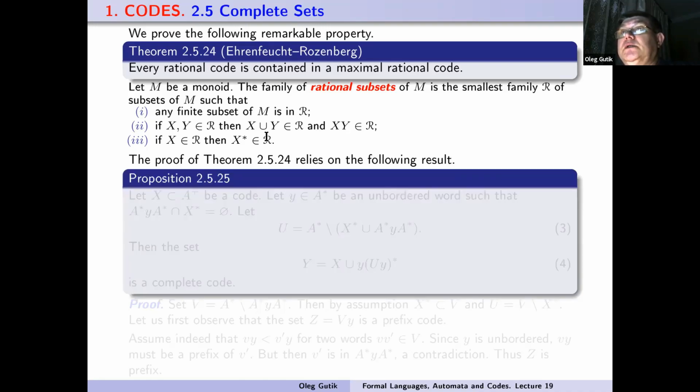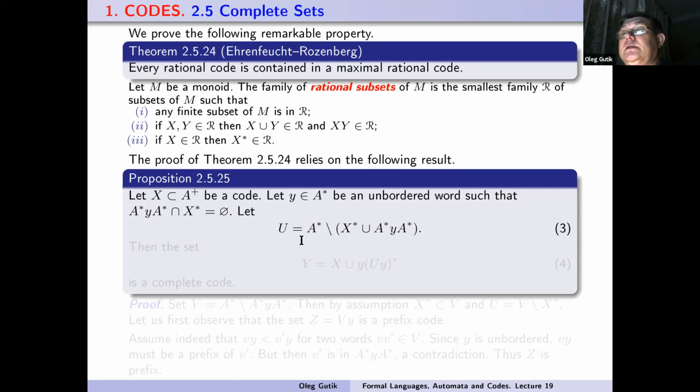Proposition 2.5.25. Let X, a subset of the free monoid over the alphabet A, be a code. Let y in the free monoid A star be an unbordered word such that A star y A star intersect X star is not empty.